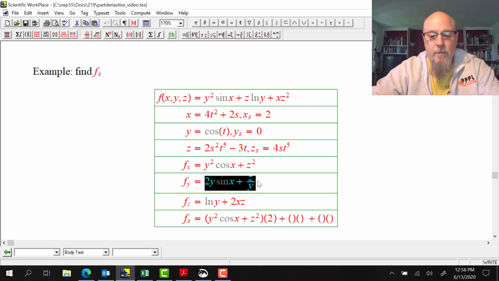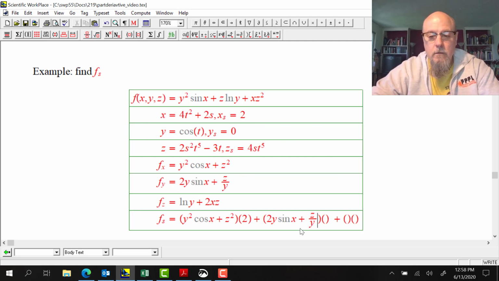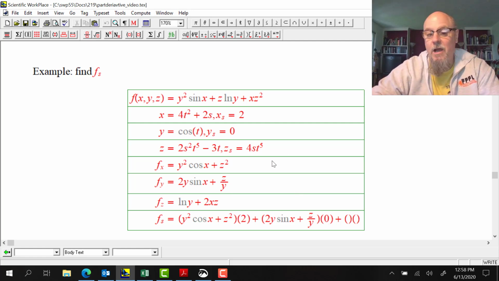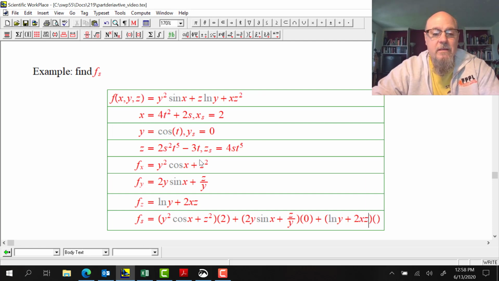The derivative with respect to y, then y with respect to s. And yeah, it's a 0, but we'll put it in there for pedagogical purposes. Finally, the derivative with respect to z, and z with respect to s.